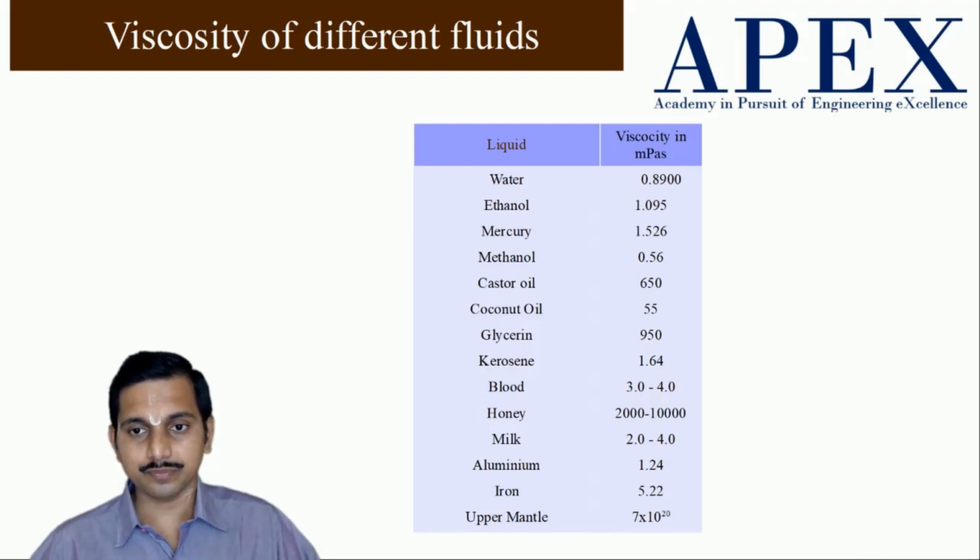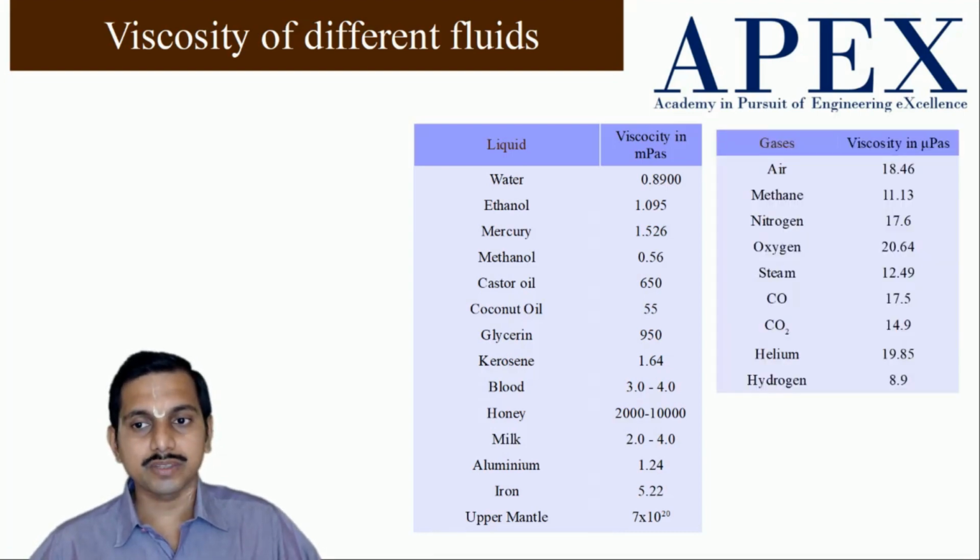Next we will see about gases. Gas viscosity is measured in terms of micropascal second. Air has a viscosity of 18.46, methane 11.13, nitrogen 17.6, oxygen 20.64.